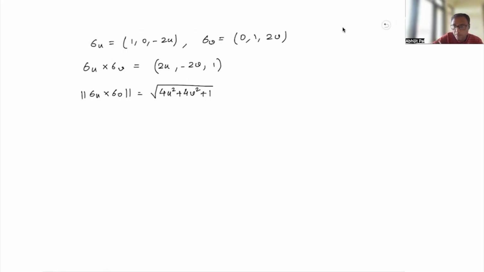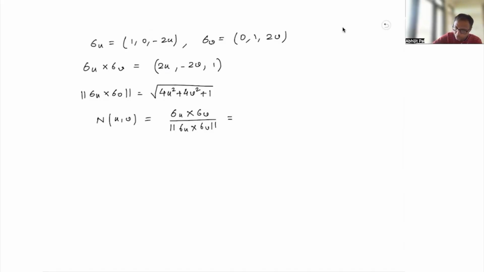Therefore, the normal vector at the point sigma(u, v) is given as follows: sigma u cross product with sigma v divided by the norm of sigma u cross sigma v.